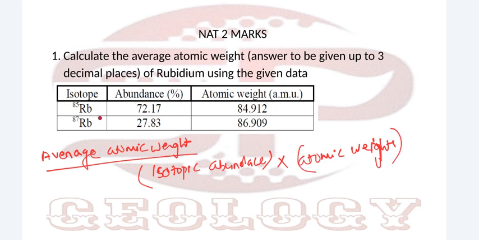For each isotope you have to calculate these things, then add them. So the isotopic abundance of rubidium 85 into its atomic weight, then the isotopic abundance of rubidium 87 into its atomic weight, then we add them to get the average atomic weight. Isotopic abundance into atomic weight gives the weight of the isotope. Then after getting that, we just add the weights of the isotopes to get the average atomic weight of the element.